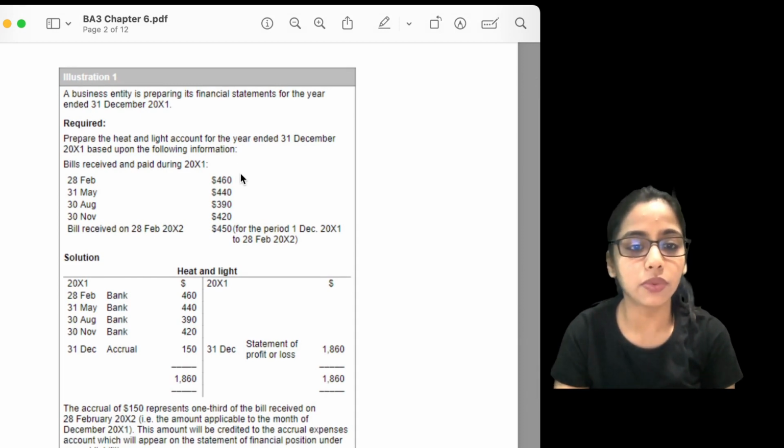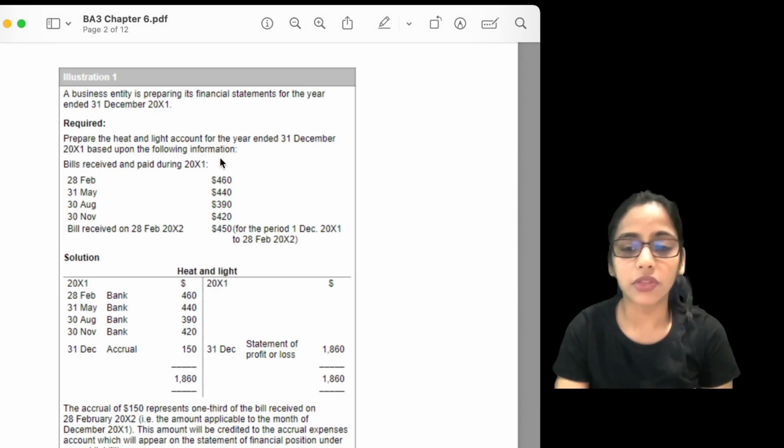As you can see on the debit side, they've listed all the expenses for the appropriate months, but for the month of December, you still have incurred the expense for that particular period, but you need to pay for it in the future.